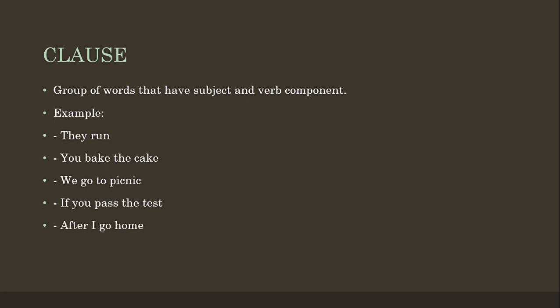Yes, that's right. The subject is I, and then the verb is go. Before I start the game, where is the subject? Good, the subject is I, and then the verb is start.